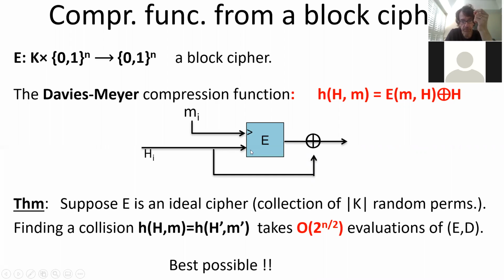If this is a random permutation, then computing it either forward or backward on new points gives you random outputs, and therefore this constraint is going to be hard to meet. This is just a sketch that this particular attack does not work.